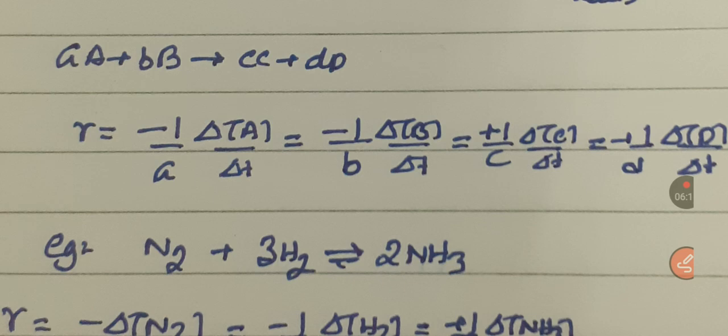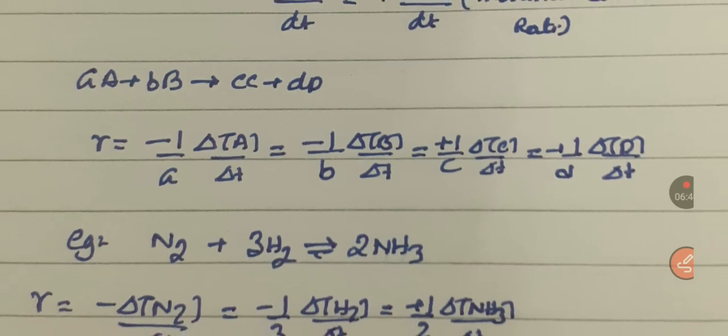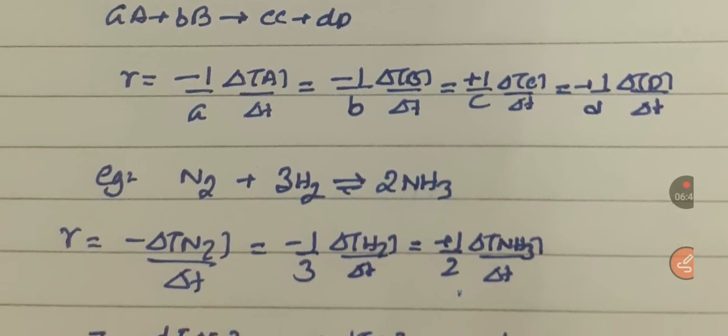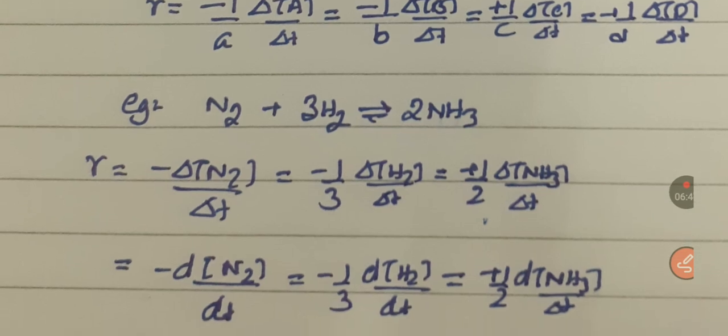So R equal to minus 1 by a del concentration of A by del T equal to minus 1 by b del concentration of B by del T equal to plus 1 by c del concentration of C by del T equal to plus 1 by d del concentration of D by del T. This is the rate law, and this can be more clearly understood by taking an example.